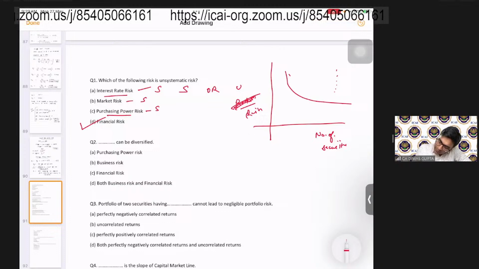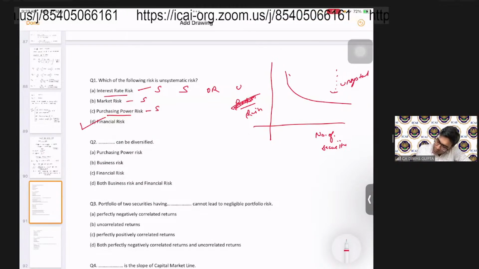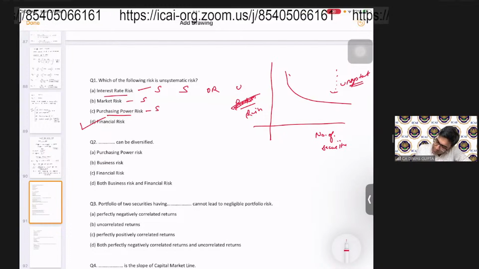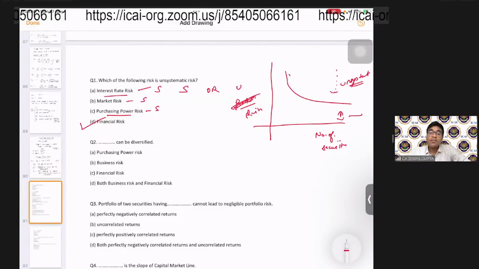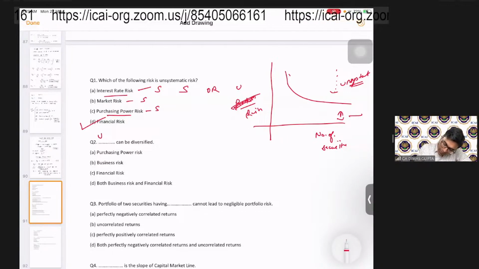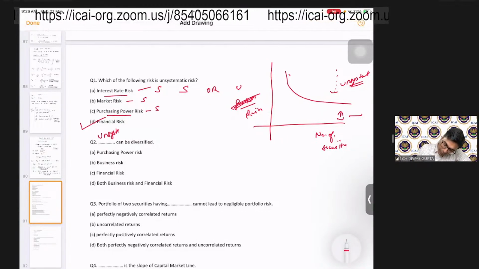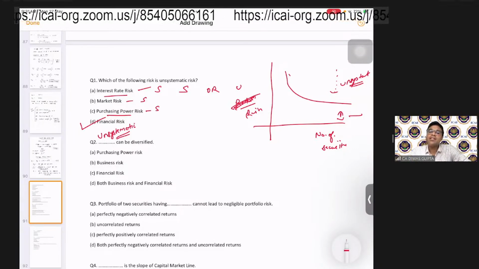We said that unsystematic risk is going down, but still systematic risk will remain. So what are you diversifying here? You're diversifying unsystematic risk. So unsystematic risk can be diversified.